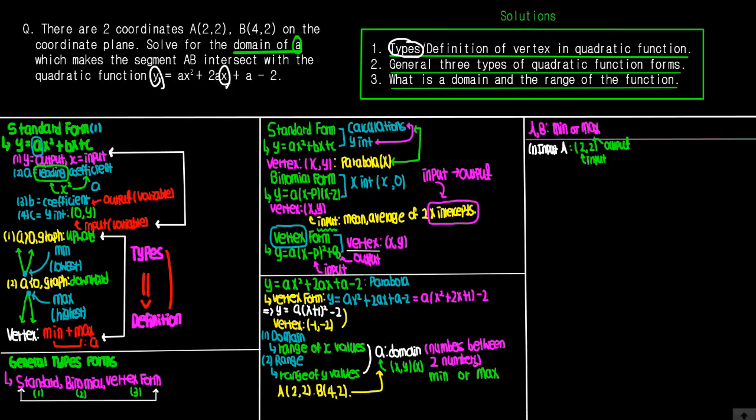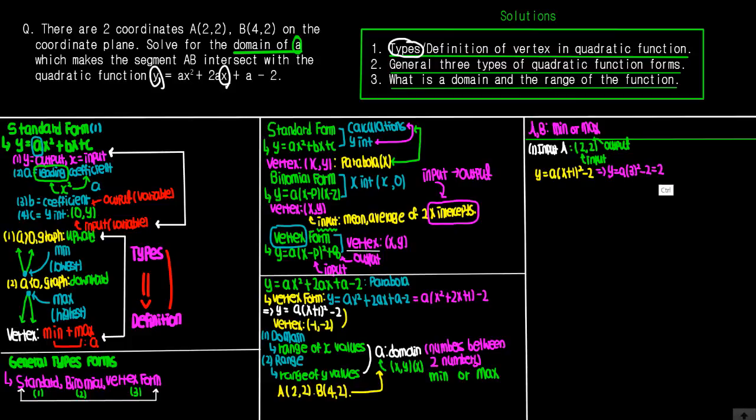So let's write our function down, which we converted to vertex form: y is equal to a times x plus 1 squared minus 2. We're basically inputting 2 and 2 into our function, which gives us y is equal to a times 3 squared minus 2, and that is equal to our output 2.